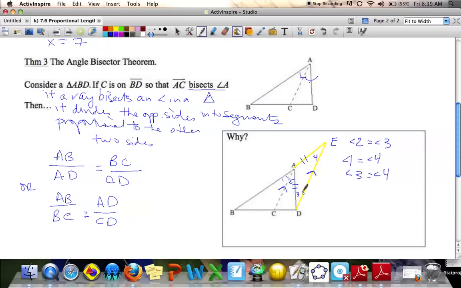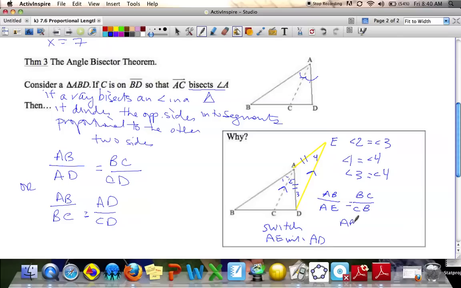And we can set up right now that AB is to BA as AE is to AE, we just learned proportional lengths of parallel sides, and BC is to CD. But we've already established that AD is congruent to AE, so we can substitute AE with AD.